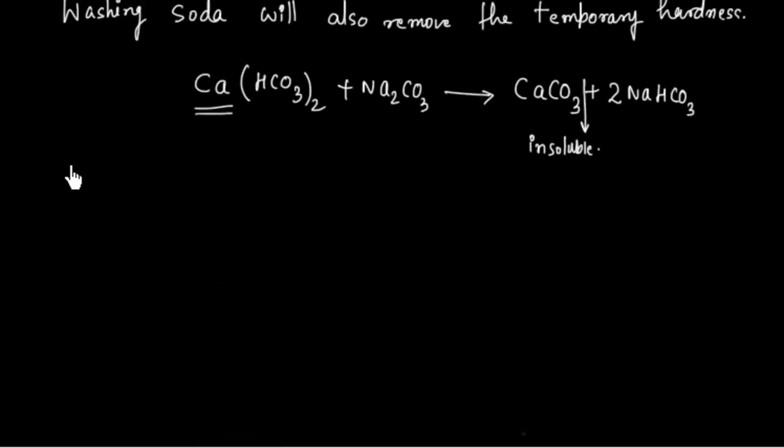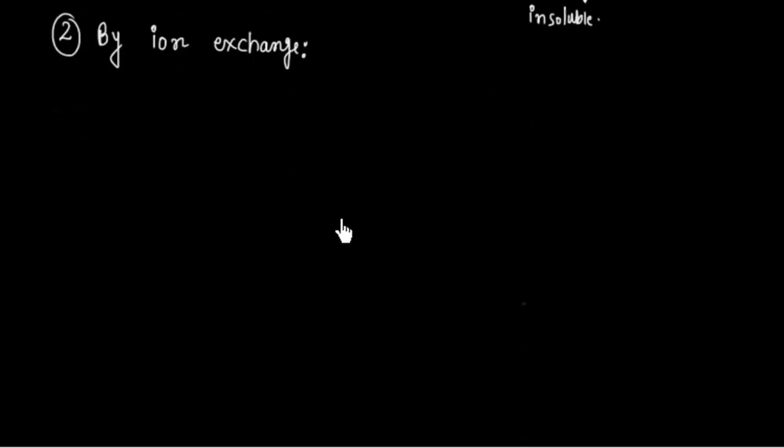There is one more method by which we can remove the permanent hardness, that is by ion exchange. So let us discuss here itself. Permanent hardness can also be removed by the ion exchange method. What is this ion exchange method? This basically consists of two chambers.